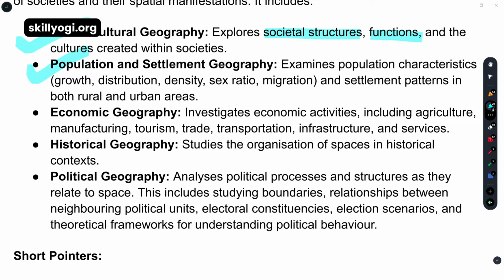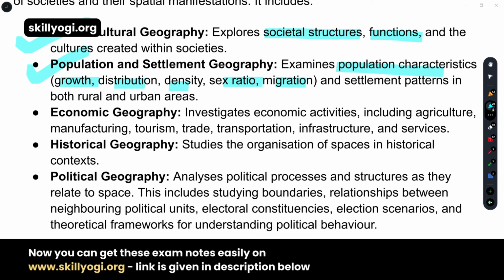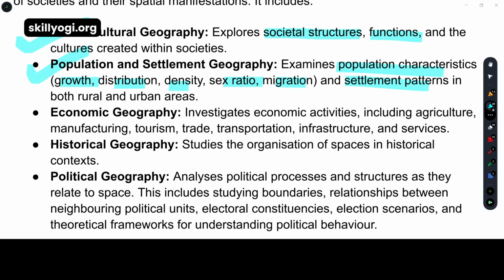Population and settlement geography, which is a type of demographic science, covers population characteristics, growth, distribution, density, sex ratio, migration, everything. Different settlement patterns we already know from class 10 and other classes, such as in rural and urban areas the topic of occupation.